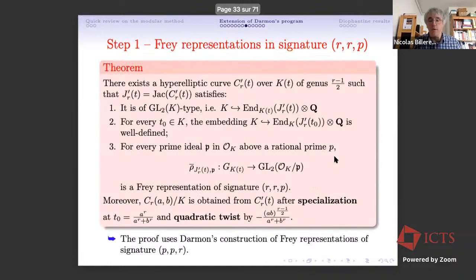So first of all, the construction of these hyperelliptic curves over the function field is quite explicit. So we have explicit expressions of the coefficients and so on. And so to study the reduction type at every prime, actually, even at prime 2, there are, of course, several cases to consider.